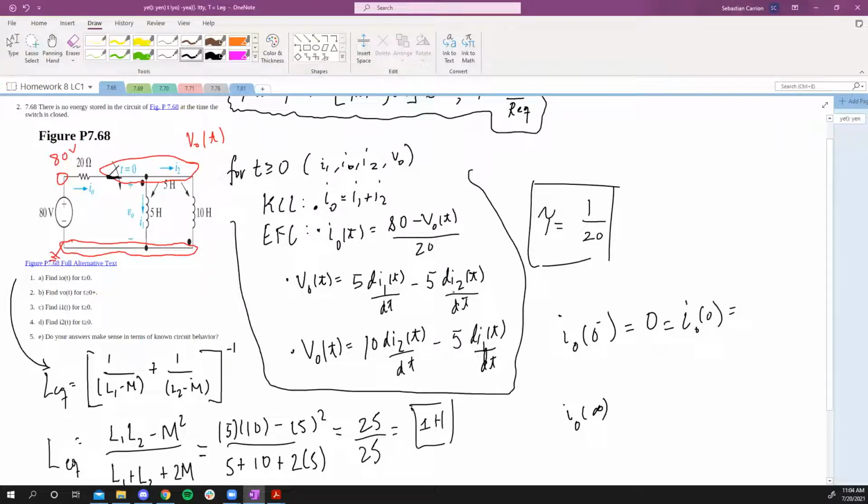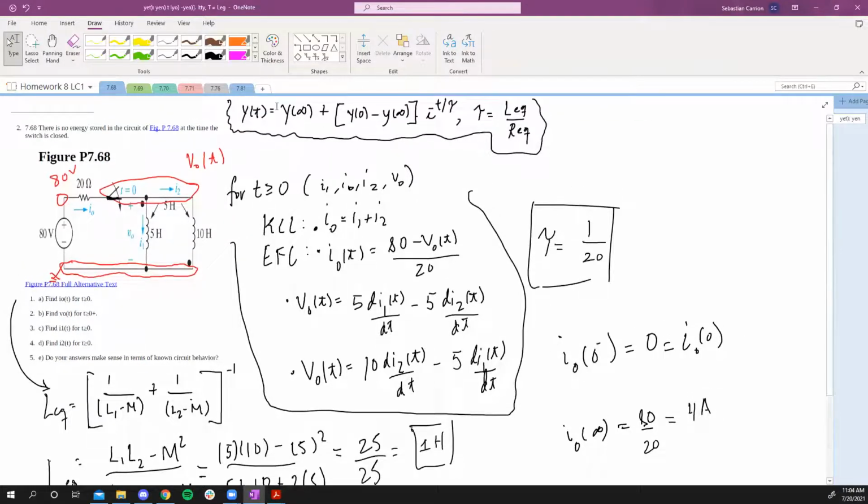Just to clarify this. For i0 at time infinity, we can just divide 80 by 20. 80 divided by 20 is going to be our current across the resistor, so it's going to be 4 amps, right? And then we're going to apply our formula.